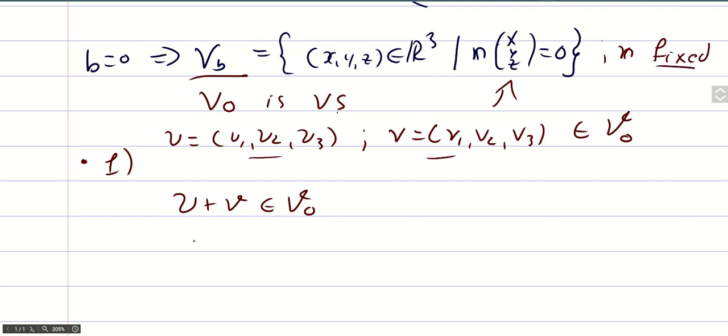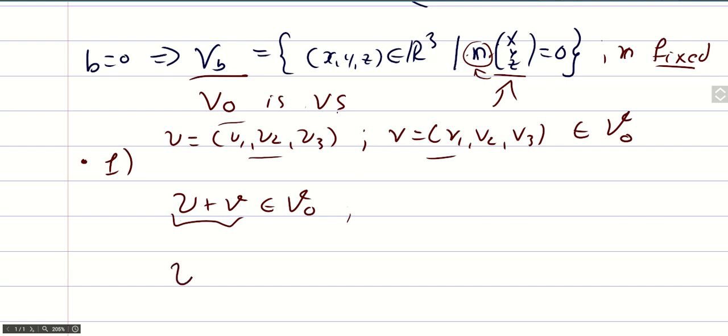So u plus v will be just a linear combination, if you can see it. Basically, what we have here is that any vector is an element of V0 if it is orthogonal with respect to n. So any vector orthogonal to n is an element of V0.